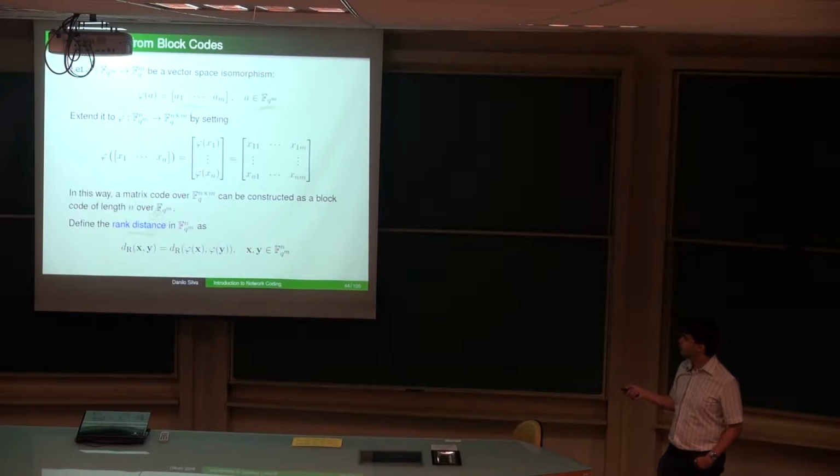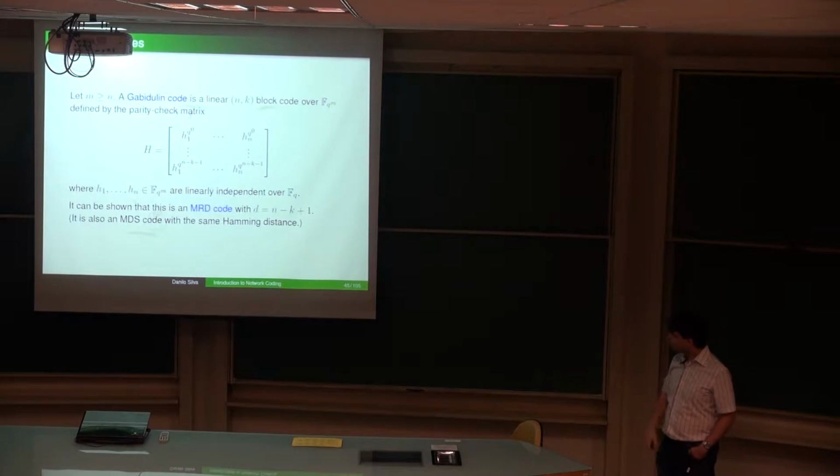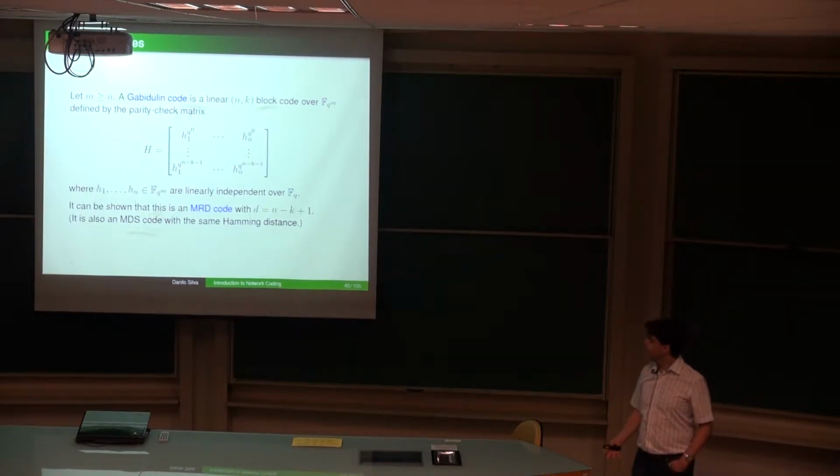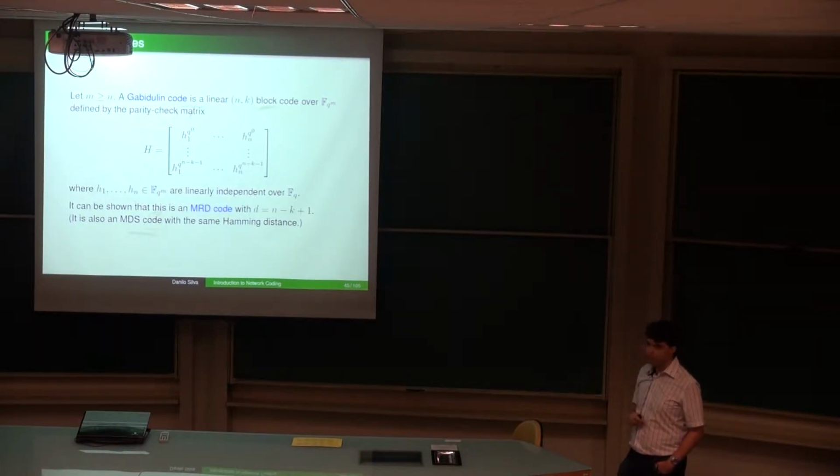In particular, we can define the rank distance for vectors over the extension field just by the rank distance between the corresponding matrices. Then a Gabidulin code is simply a block code of dimension k and length n over the extension field, specified by this parity check matrix here.